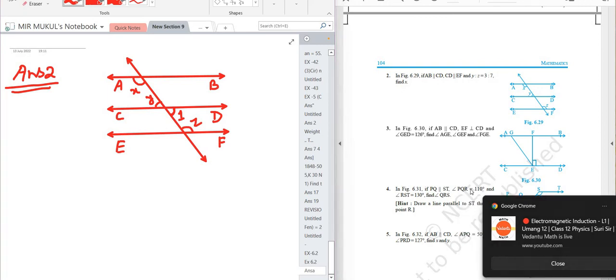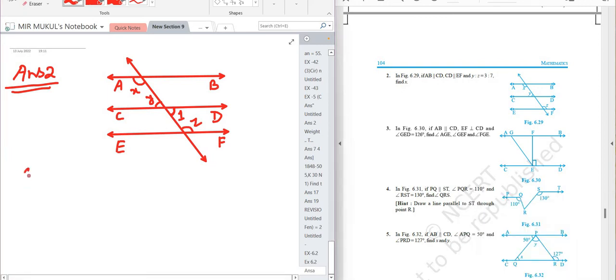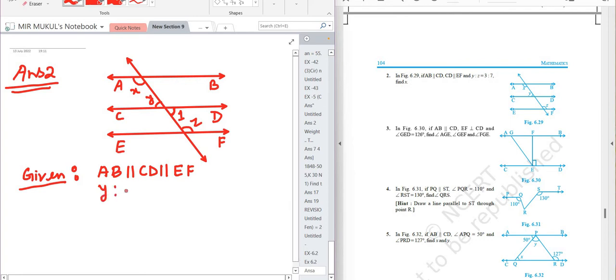So here also, what is given? Here AB parallel to CD parallel to EF. And the second thing given is y is to z equals 3 is to 7.